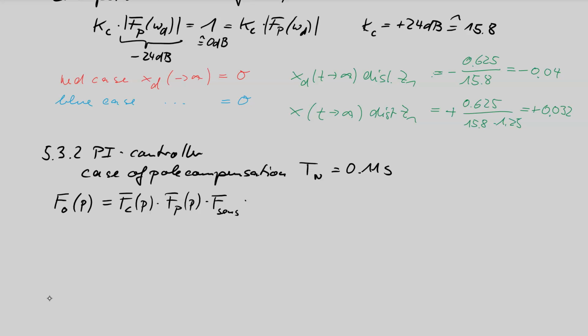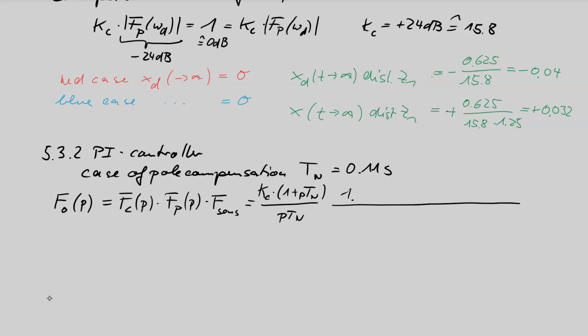If we close this with a negative feedback, we have the closed loop behavior of the system. So this becomes the controller gain Kc times 1 plus pTn, the PI transfer function. And then we have all PT1 transfer functions, including the sensor.